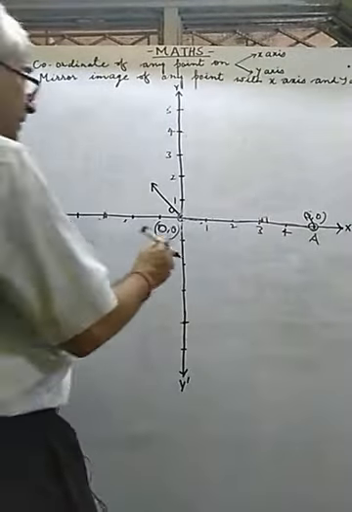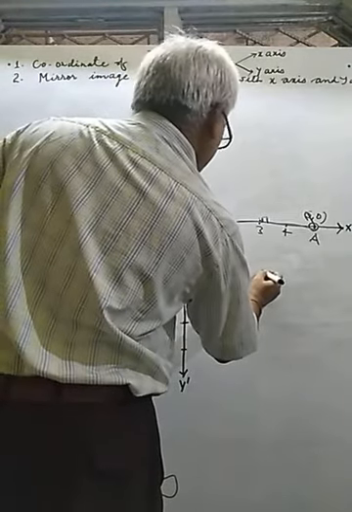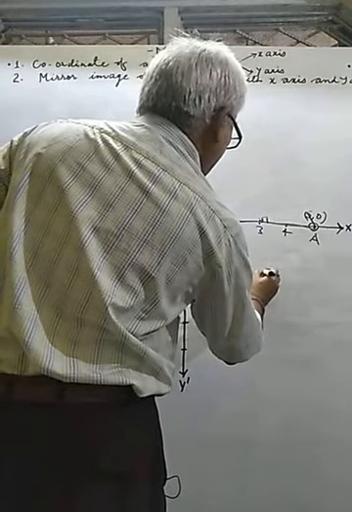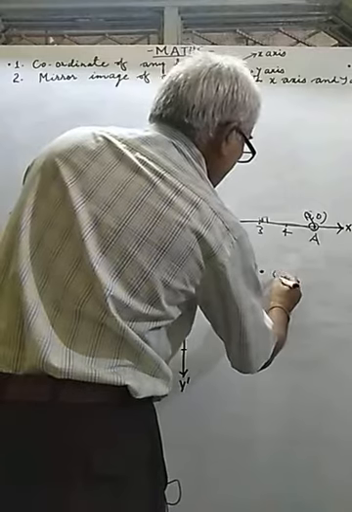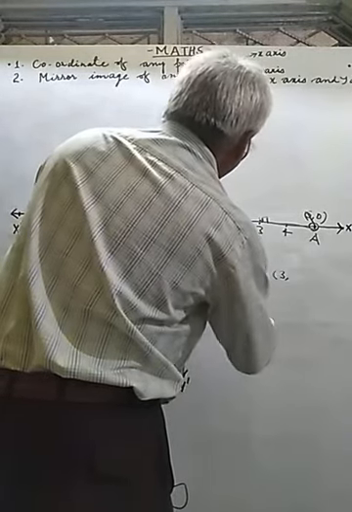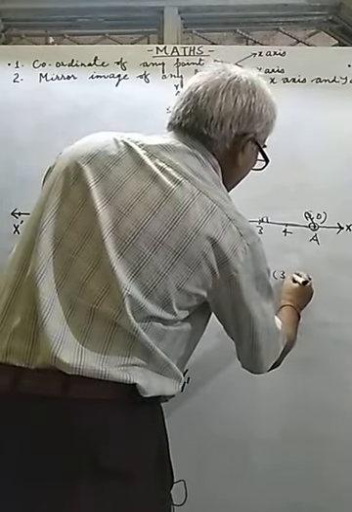Suppose a point is given here, and what will be its coordinate? This one is 3, and this one is minus 2.